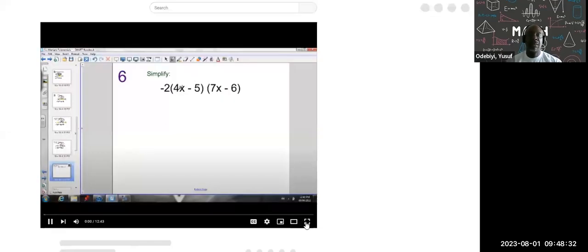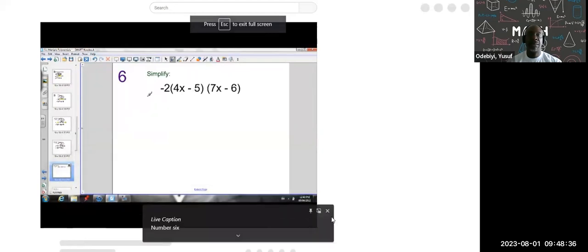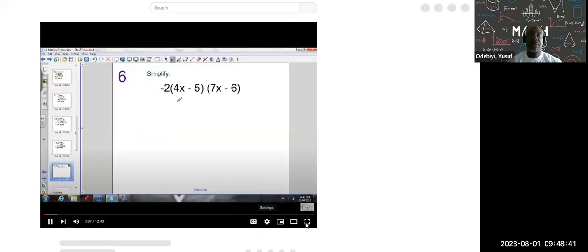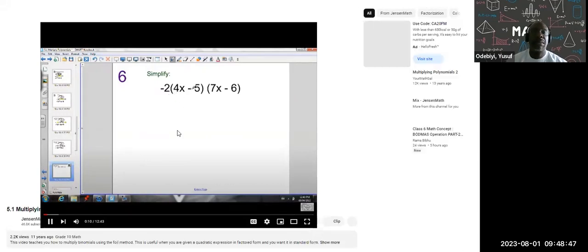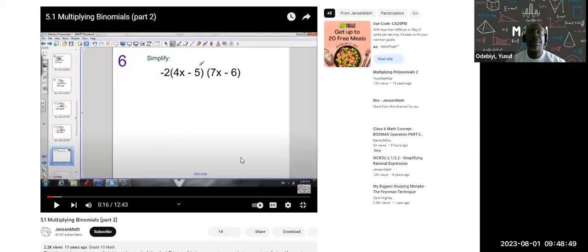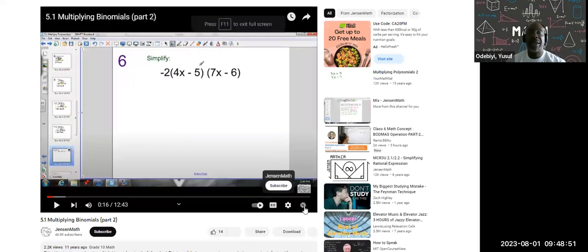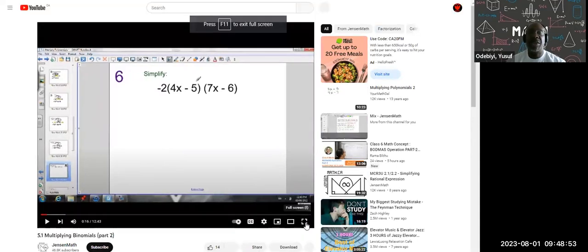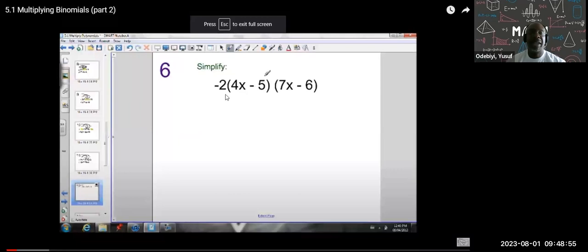Number 6. This time we have two binomials being multiplied by each other, and then we also have another factor out front that's being multiplied by these as well. Remember, when you're doing multiplication, the order of multiplication does not matter. This is not really a big deal, because I think you guys should know this. Basically, this is just doing the FOIL method, right? So remember the FOIL method?